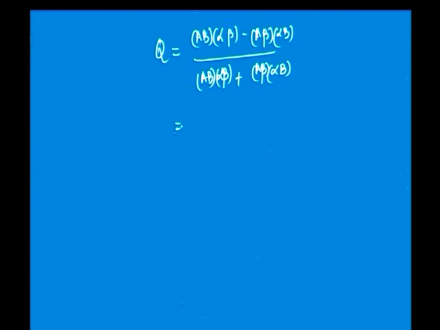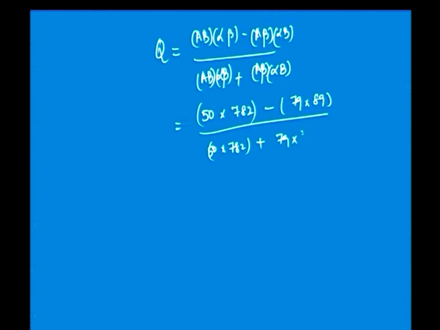You have A beta and AB, alpha beta, everything you have. Okay. So, 50 into alpha beta is 782 minus A beta value is 79 into 89 divided by 50 into 782 plus 79 into 89.